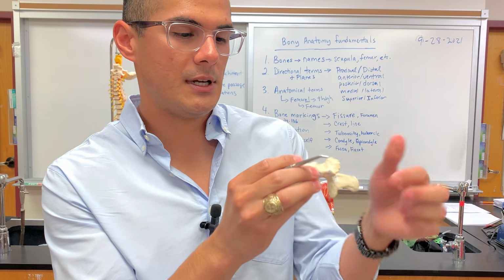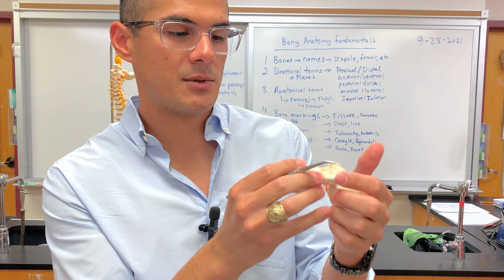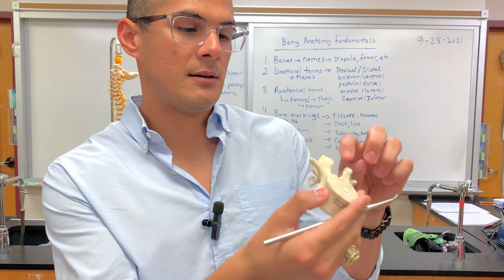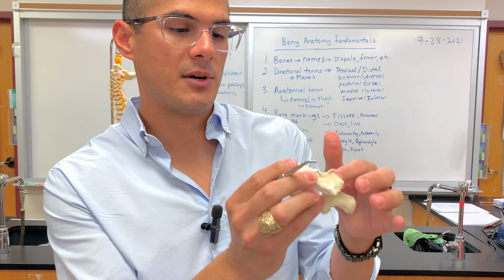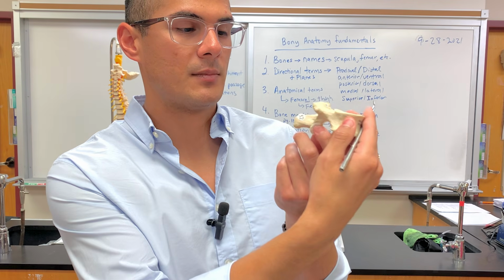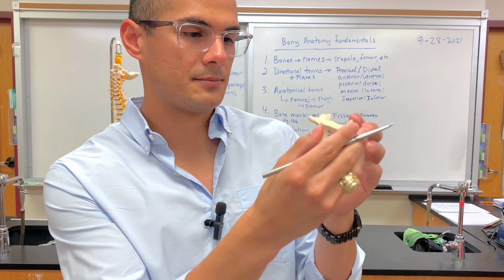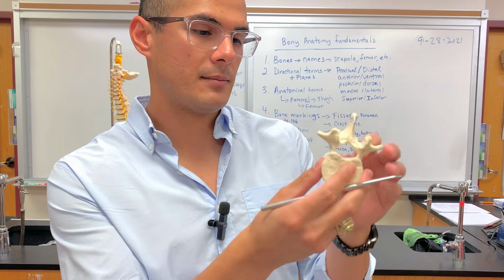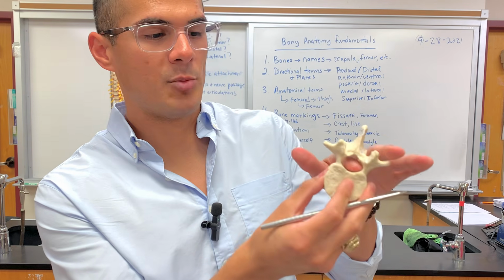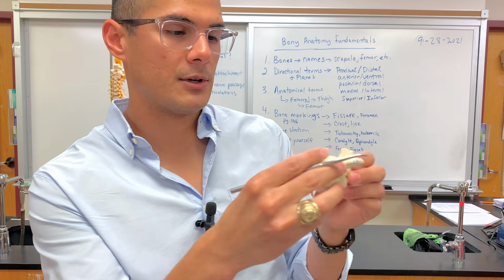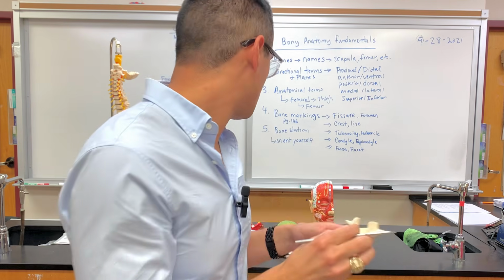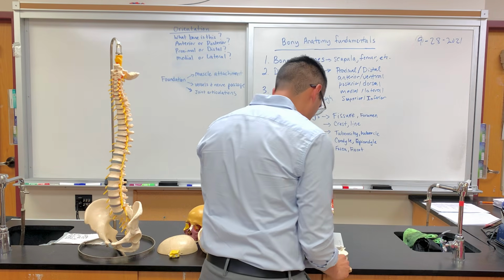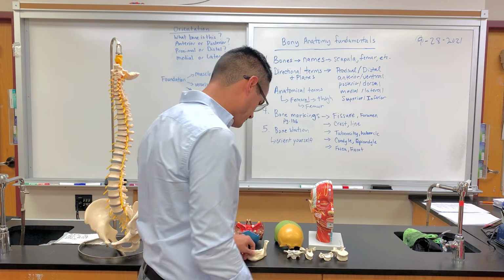You also have the transverse process, which is here, that's lateral, and both of these are facets, the superior and also the inferior articular facets. And this is the opening where the spinal cord travels through. Okay, so these are all the different types of vertebra.